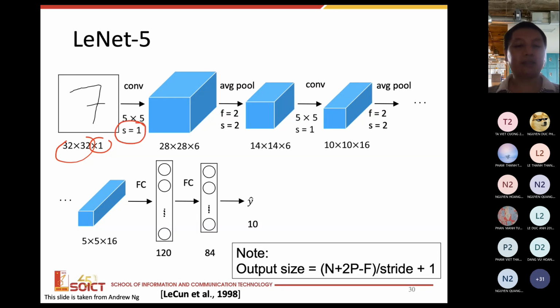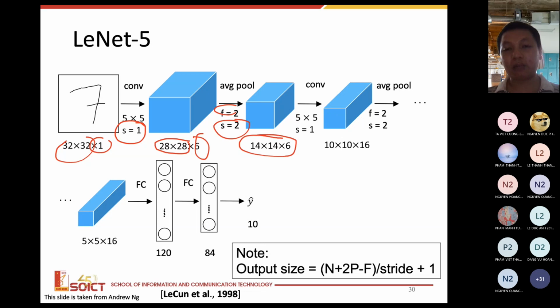In this case, you have the output size 28 by 28, and you have 6 convolution neurons, so you have 6 output channels, and then you do the average pooling, with filter size 2 and stride 2, and you get the output with size 14 by 14 by 6.